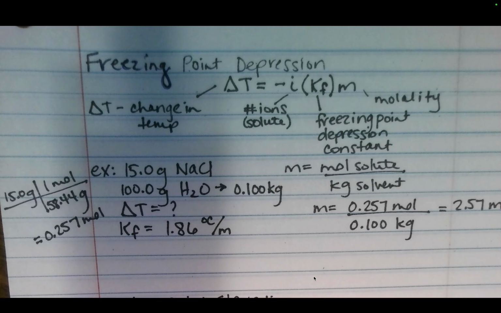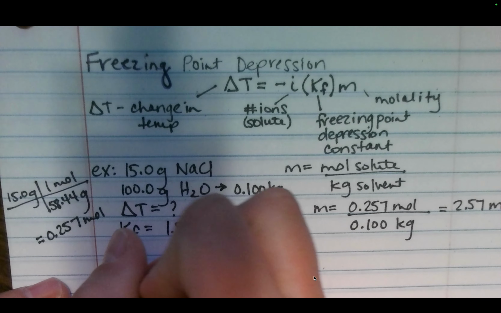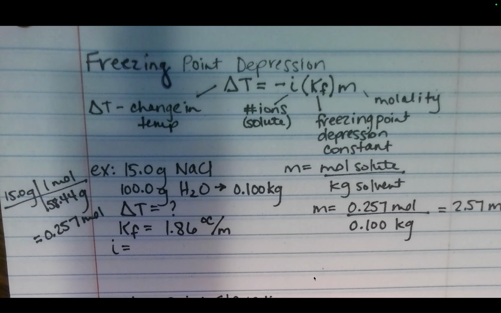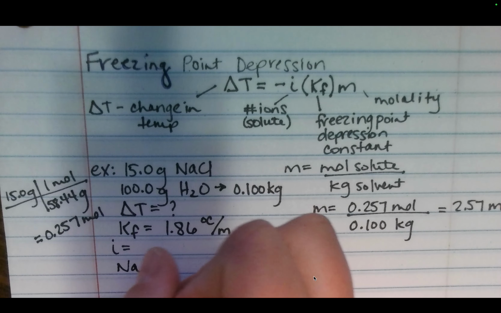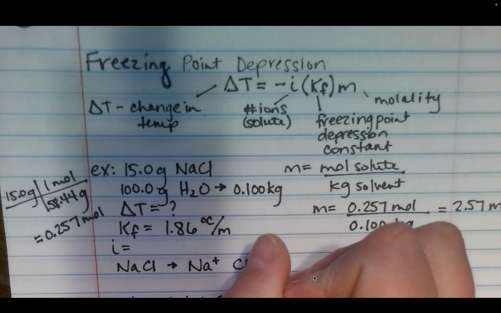Now, I have what I need for my delta T equation with one exception. I need to determine my i value. So i equals number of ions, we said. Determine what your solute is. In this case, I have NaCl. NaCl breaks down into a sodium ion and a chloride ion.